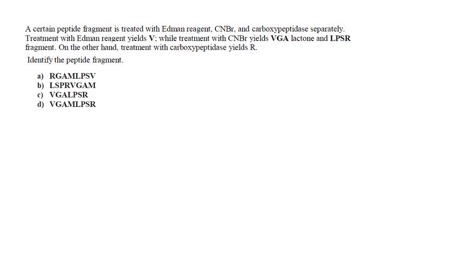Next question: a certain peptide fragment is treated separately with Edman reagent, CNBr (cyanogen bromide), and carboxypeptidase. Treatment with the Edman reagent yields B. While treatment with cyanogen bromide yields VGA lactone and an LPSR fragment.